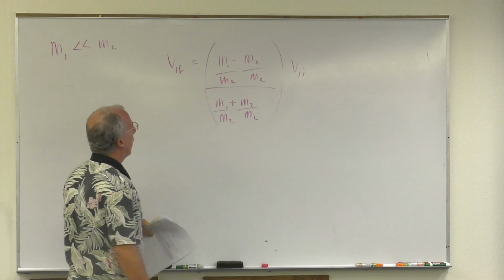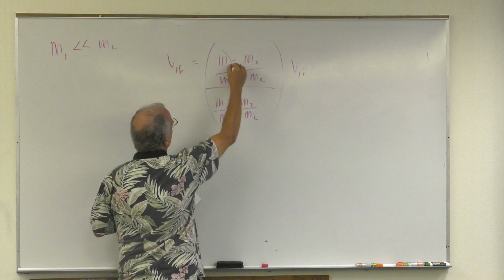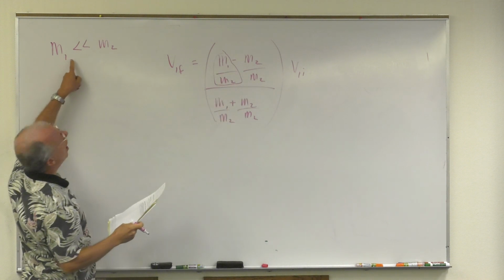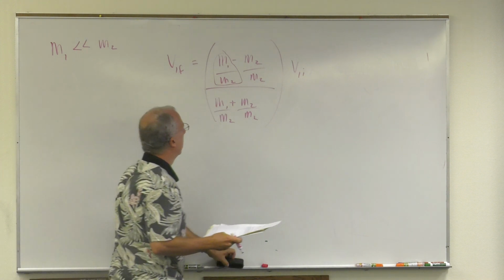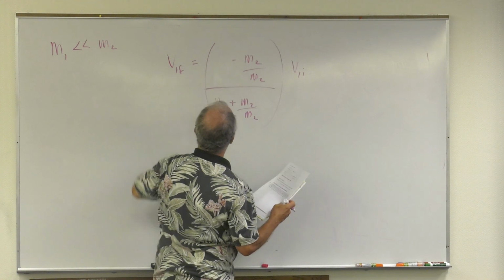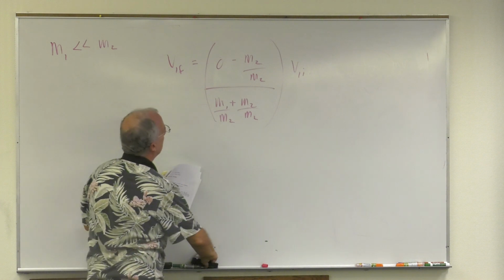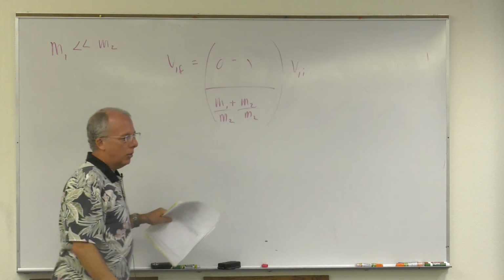Now, what is M1 divided by M2 if M1 is tons less than M2? Well, it's basically 0. Let's put a 0 here. What's M2 over M2? 1. What's 0 minus 1?